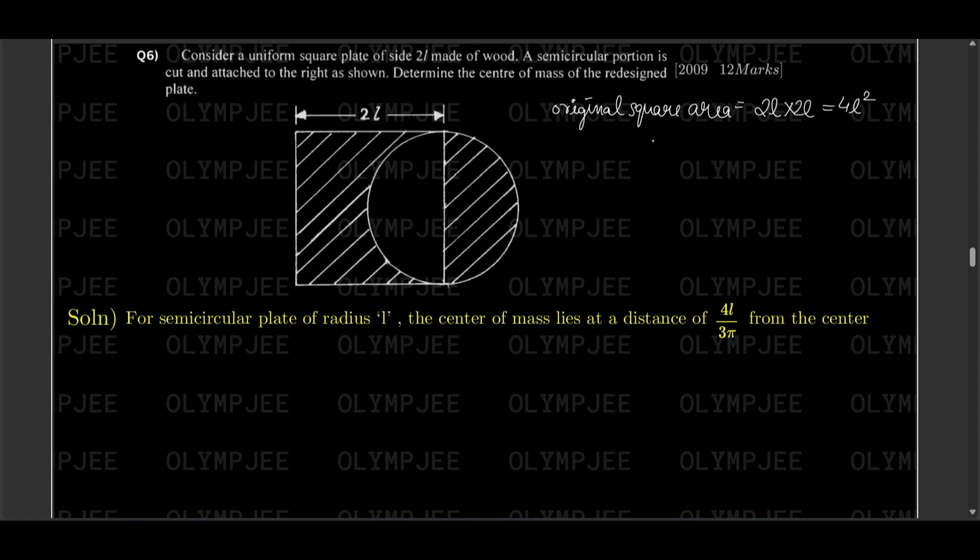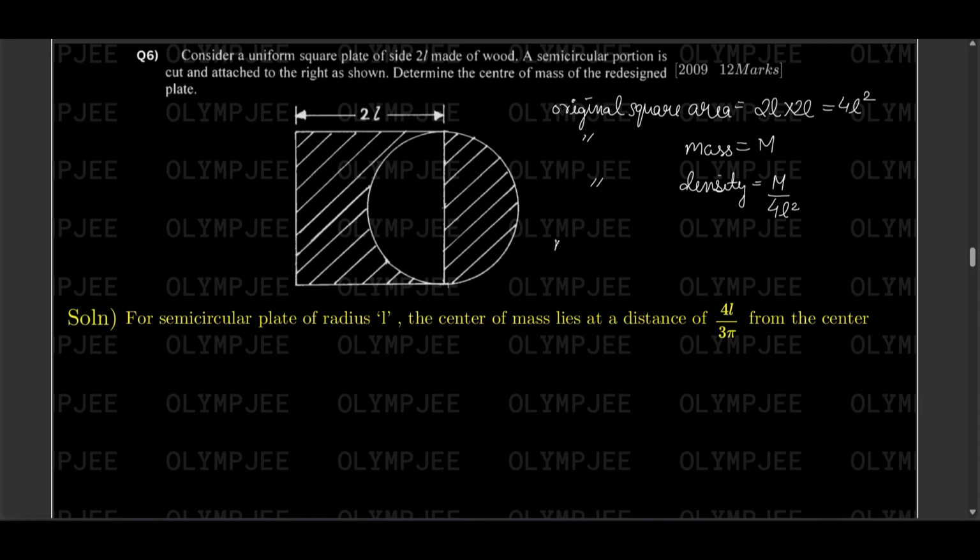So assume that original square has mass of M. So original square will have density of mass by 4L square. And since the material is same for all the shapes, so the density will be same.